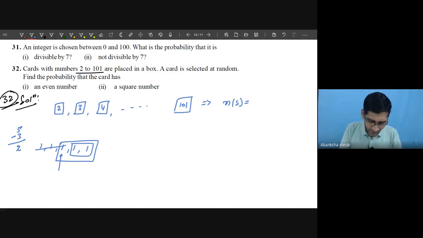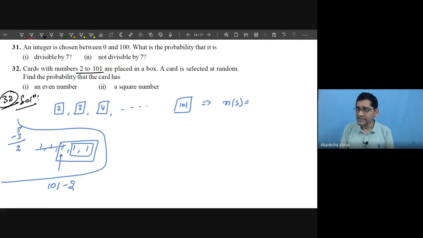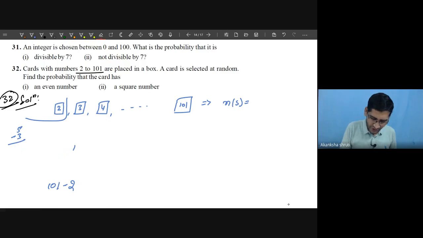So if you are going to apply the difference approach, say 101 minus 2, in this case, student, keep in mind, the card 2 is removed by you. Many a time our students commit this mistake, that for getting the number of cards, they are just subtracting the highest one and the lowest one.